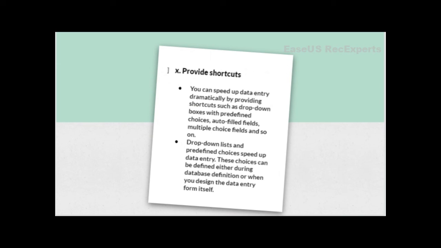But if we do not provide it, we have to type it letter by letter. So yeah, provide shortcuts so that the form is easily filled and the time used is comparatively lesser.